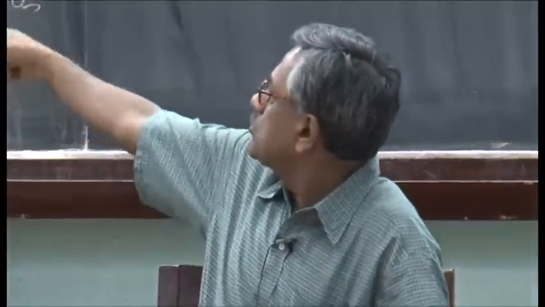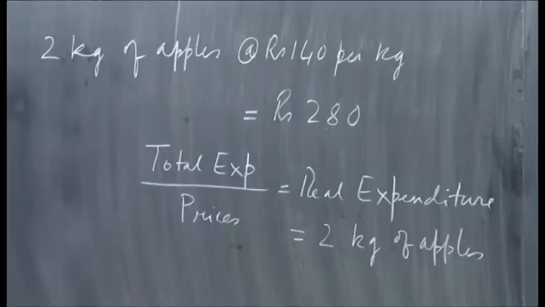So how would you measure price then? This is what I'm going to get into. Because unless we know prices, we cannot determine the real value. All right? Here, to get the real value, we need the prices. Total expenditure wouldn't have done. Total expenditure is like total income.